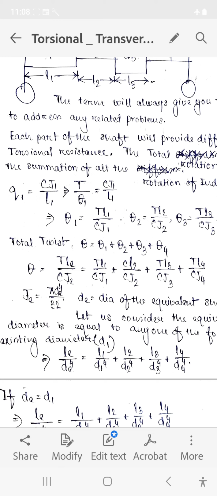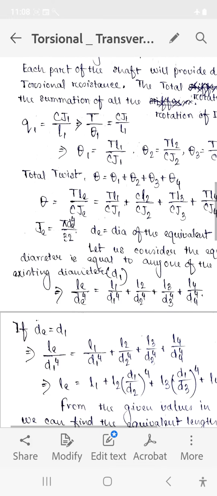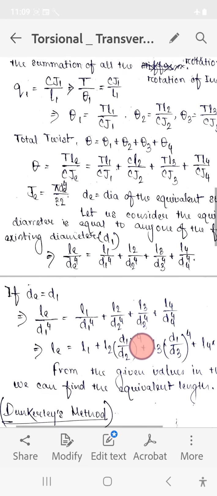So it is LE by d to the power 4 equal to L1 by d1 to the power 4 plus L2 by d2 to the power 4, L3 by d3 to the power 4 and L4 by d4 to the power 4. If I consider that the equivalent shaft will have the diameter equal to d1 throughout, in place of d I shall substitute d1. Then the equivalent length will be L1 plus L2 into d1 by d2 to the power 4 plus d1 by d3 to the power 4 and d1 by d4 to the power 4.